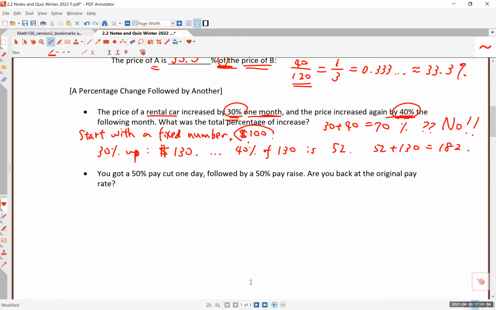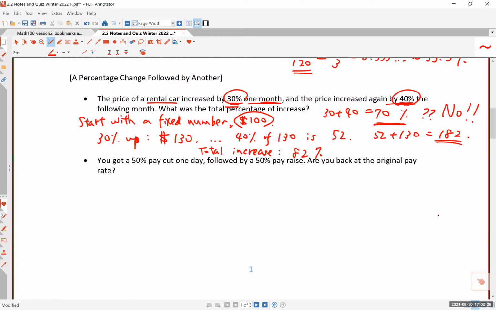Altogether, the $100 original rate has gone up to 182. This is 82% more than $100. So the total increase turns out to be not 70%, but 82% overall. So do not add two percentages because the percentage bases have changed.